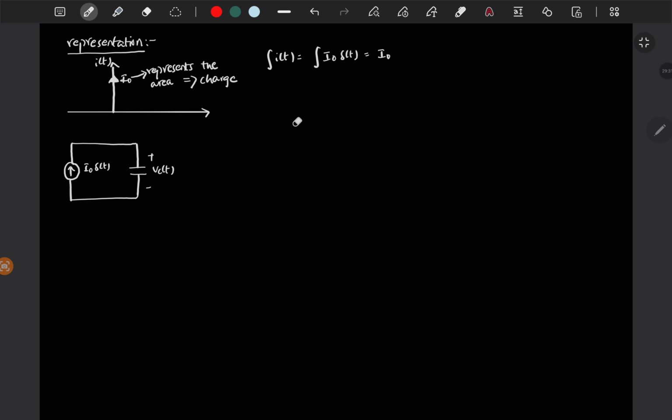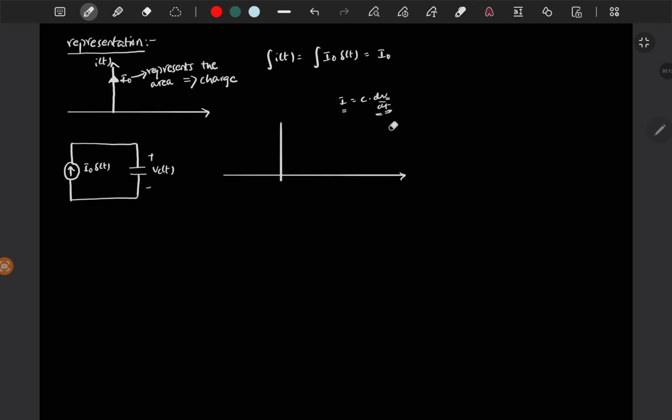Forget about the equation, what is the relation between capacitor voltage and current? I is equal to C dV by dt, right? So if the current is very huge, if the current is an impulse, which means it tends to infinity within no time, right? So it means dV by dt is very high, which means there is a sudden change of voltage within no time. That is what it indicates, right?